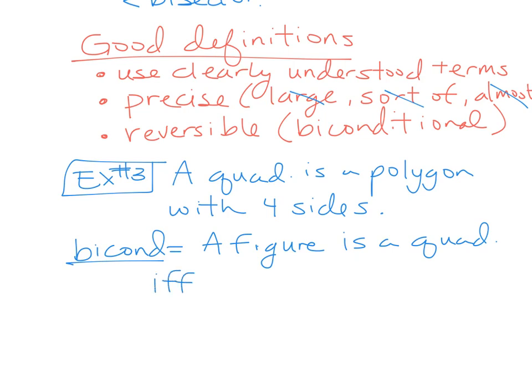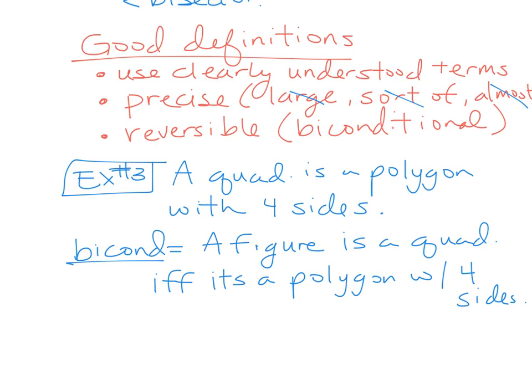If and only if it's a polygon with 4 sides. Okay, so that's writing a biconditional from the statement they give you to determine if it is a good definition or not. So this would be a good definition.